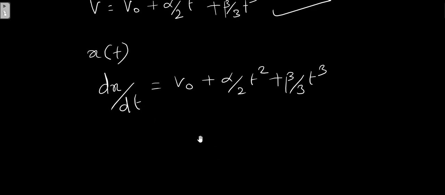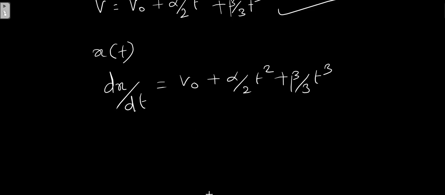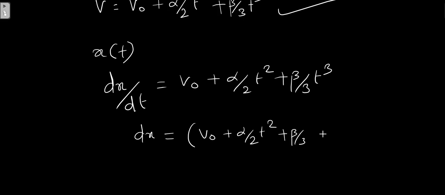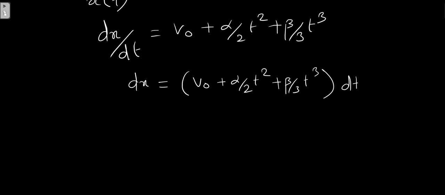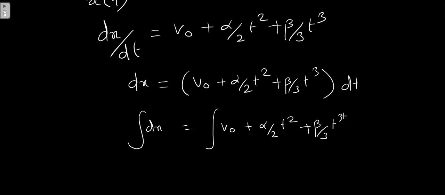We will arrive at it. dx equals v0 plus alpha by 2 t square plus beta by 3 t cube into dt. Then taking integration on both sides, dx equals the integral of v0 plus alpha by 2 t square plus beta by 3 t cube dt. Taking integration for the individual terms inside the bracket, we will have the final answer.